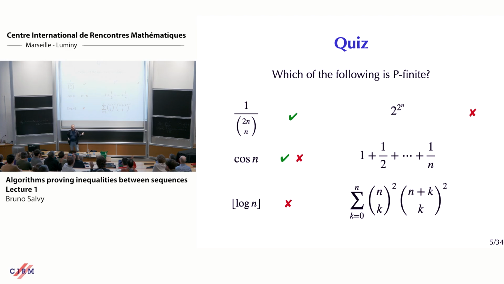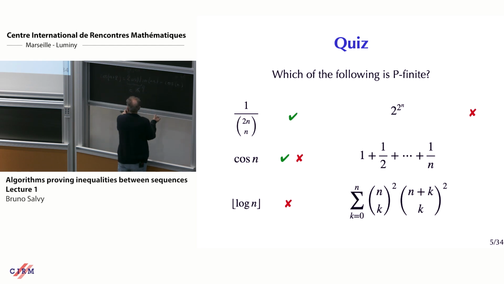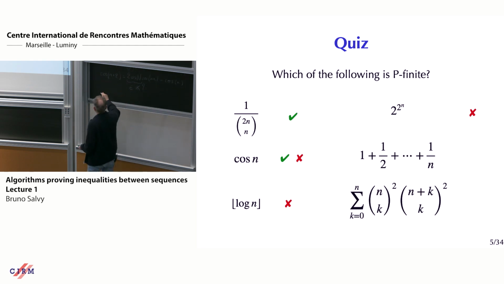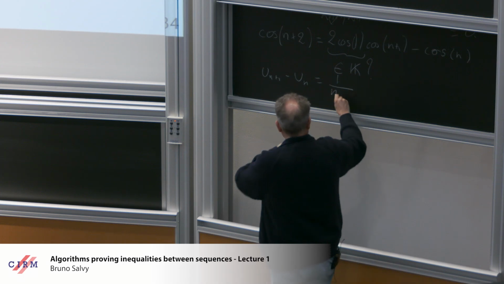The harmonic number, who votes for yes? Okay, so you've understood. Sorry, who votes for no? And the reason is, if I call that un, then you have that un plus 1 minus un is 1 over n plus 1.